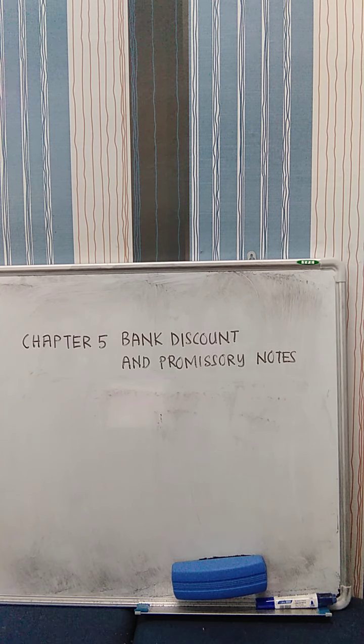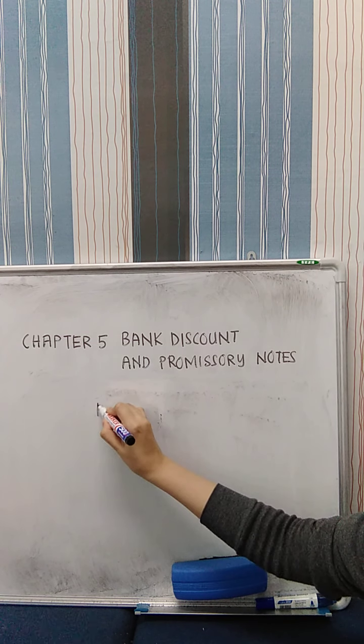The number of your promissory note is number 1, 2, 3, 4. The due date is 19 June 2019 and at the end is Sally's name. So from the promissory note here, who is the maker?